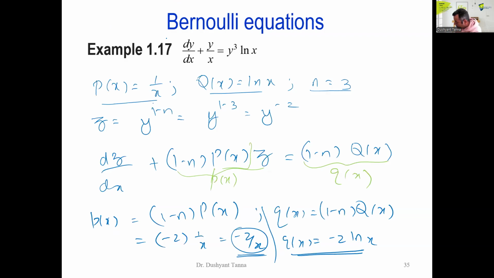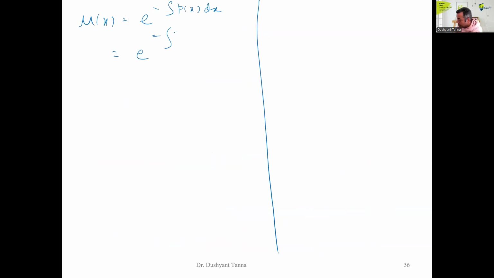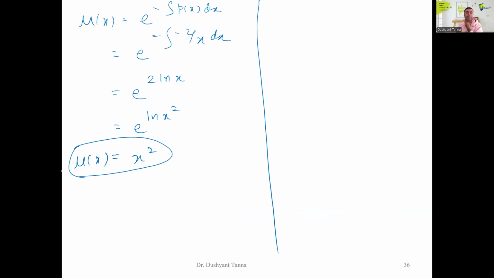So mu x will be e raised to minus, remember, this is small p. What is my small p? Minus 2 on x. Can I say 2 ln x? Then x squared, or simply x squared. So my mu of x is x squared.